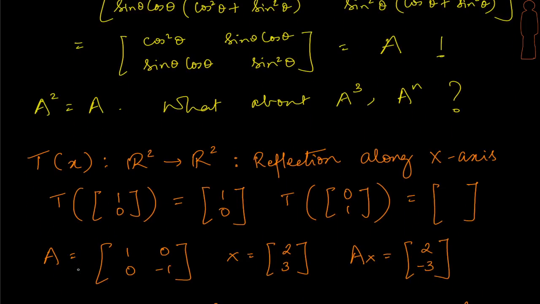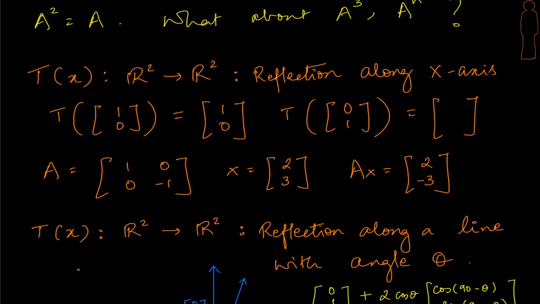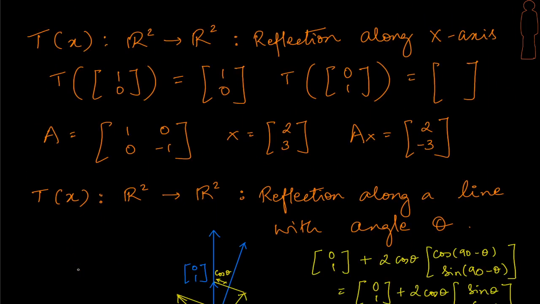Let me move to another example, which is reflection, and I guess this is going to be the last example for the linear transformations in this session. Again, we're going to define it from R2 to R2, and let's first work on reflection along the x-axis. Let us try and reflect 1, 0, which is lying on the x-axis, with respect to the mirror, which is also on the x-axis.